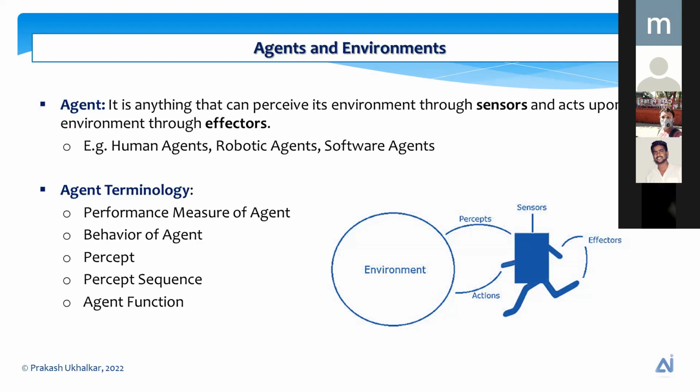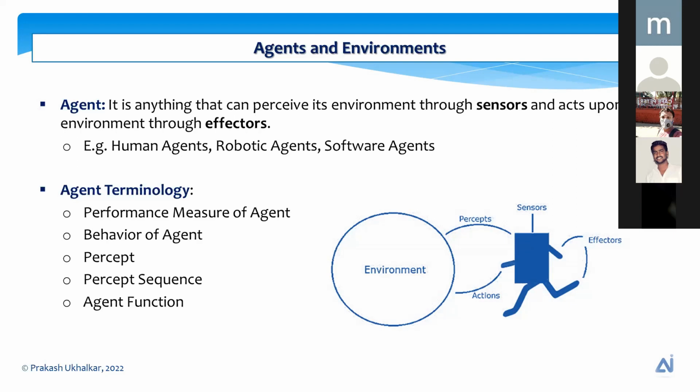So as you can observe in that picture, an agent is anything that can perceive its environment through sensors, right, and acts through effectors, takes action using the effectors in the environment.